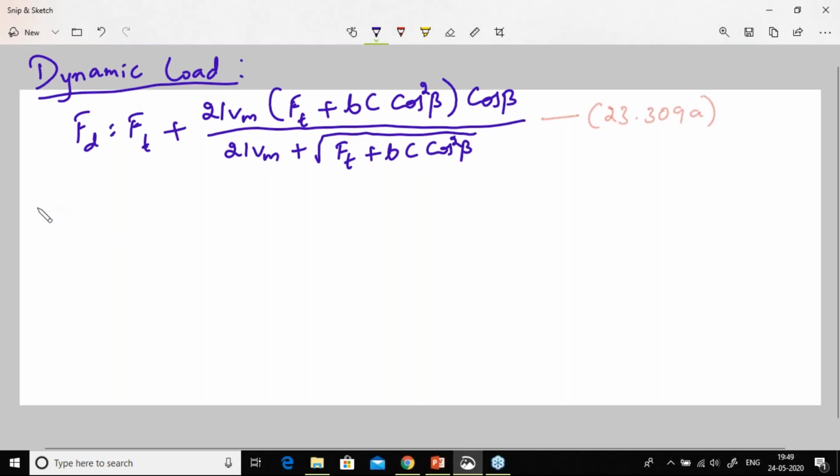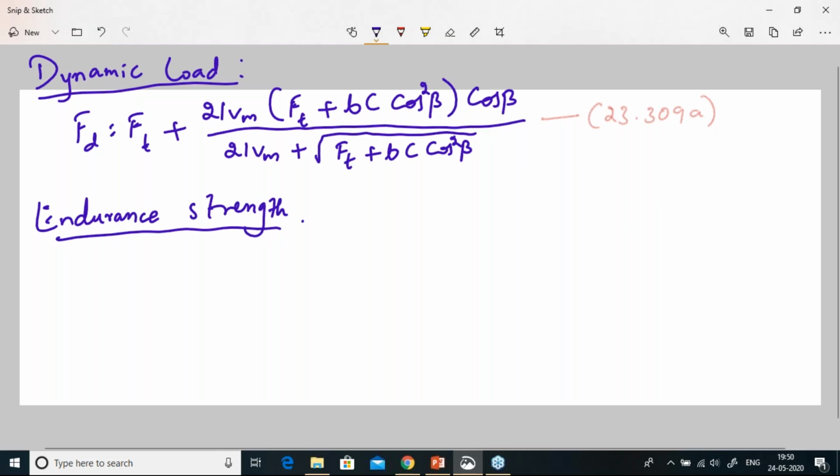Next one is endurance strength. So we have the equation for endurance strength as Ff, which is equals to sigma F into B capital Y mt into cos beta. So this equation we have in the data handbook, that is equation number 23.293.